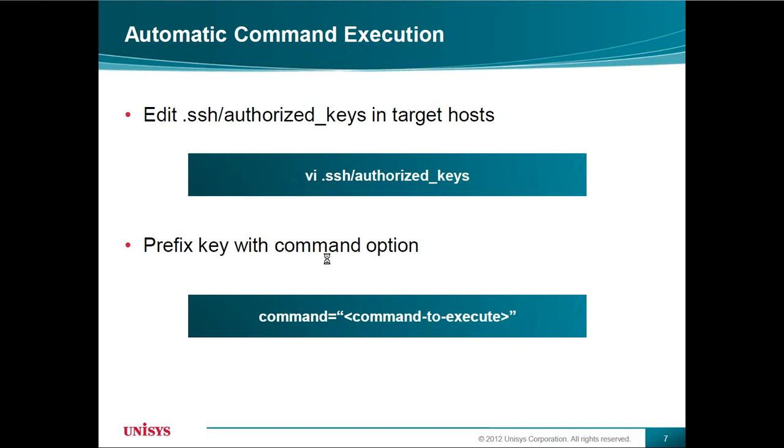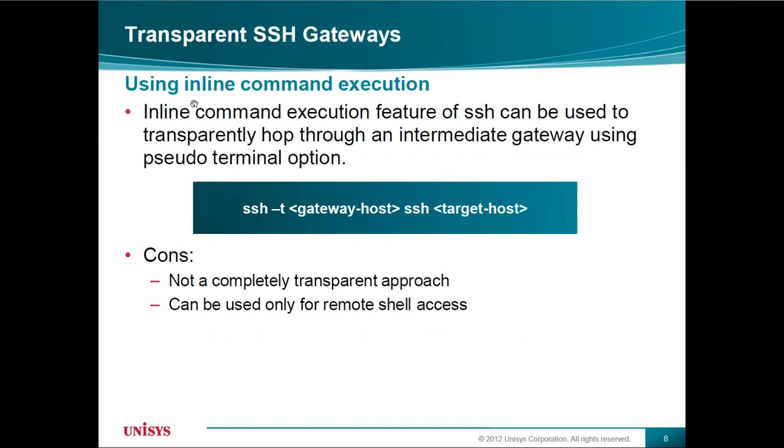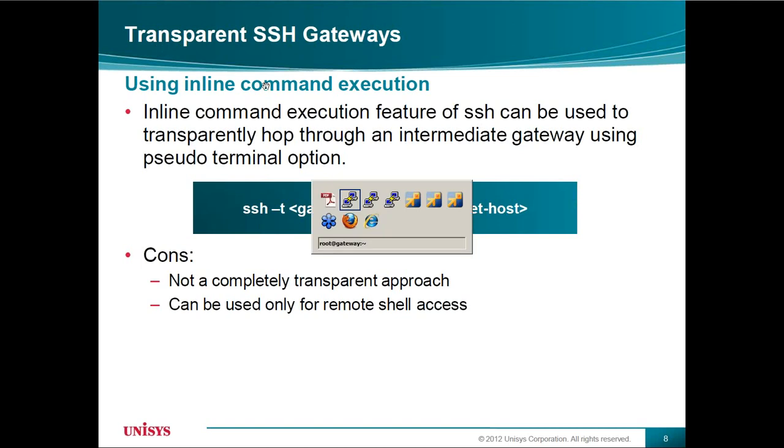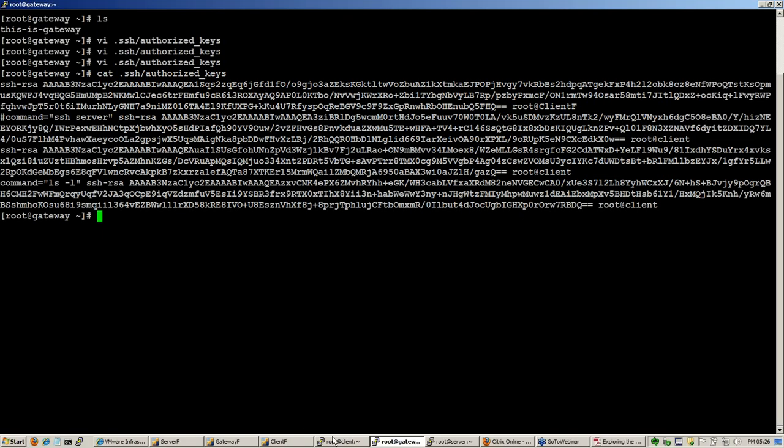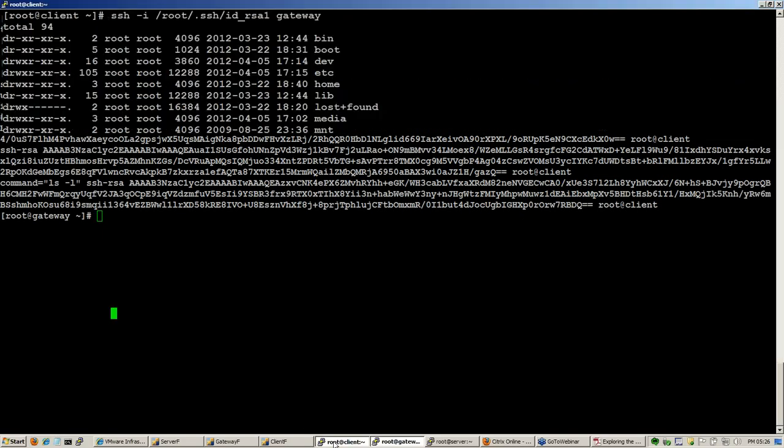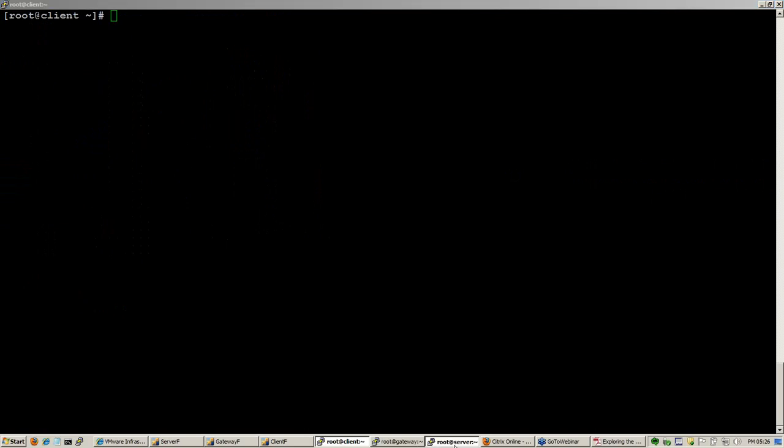Now, using inline command. Okay, let's move on to an interesting topic of transparent SSH gateways. What it means is, let's say from the client I have to log into the server. Let me see if I'm able to log in. Okay, it's because I've created something before.